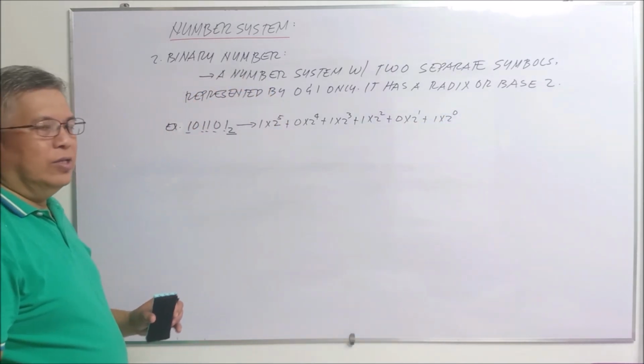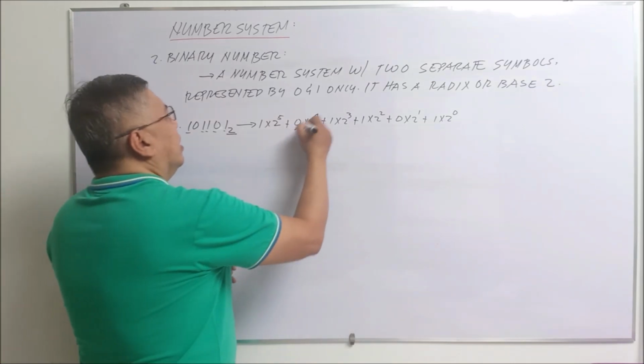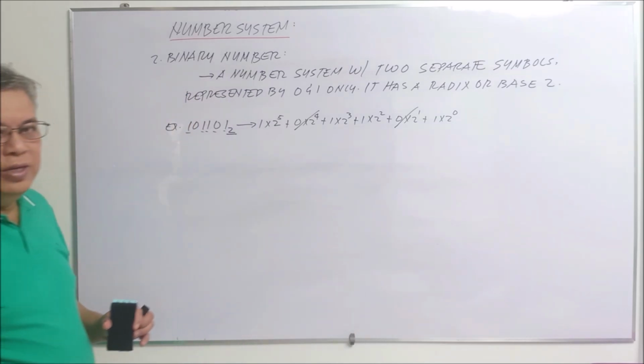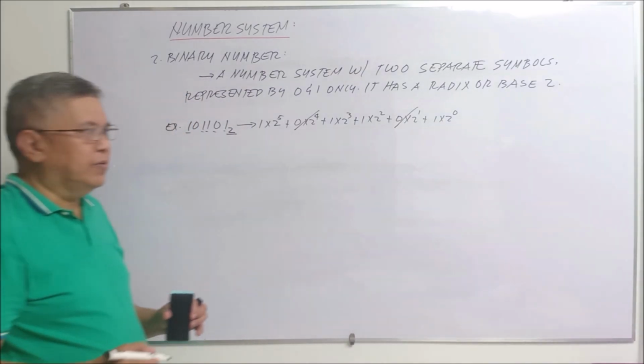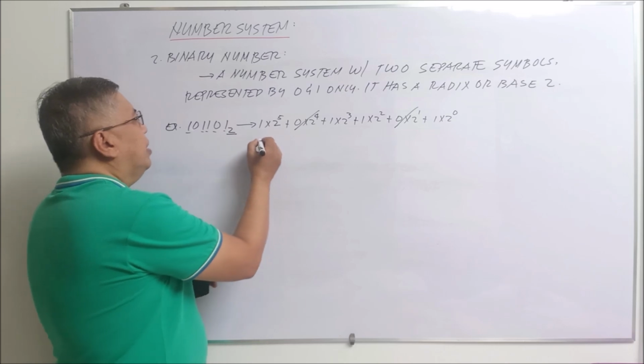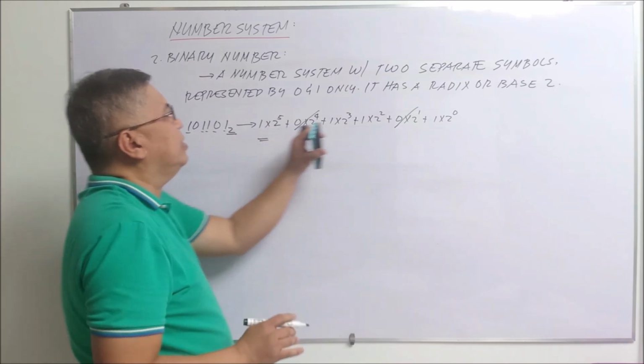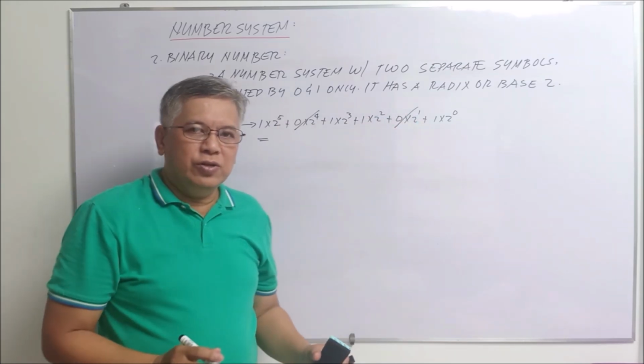Actually, the term multiplied by 0 can be eliminated because any number multiplied by 0 is simply 0. So if we obtain the value of this number, this is the positional notation equivalent.